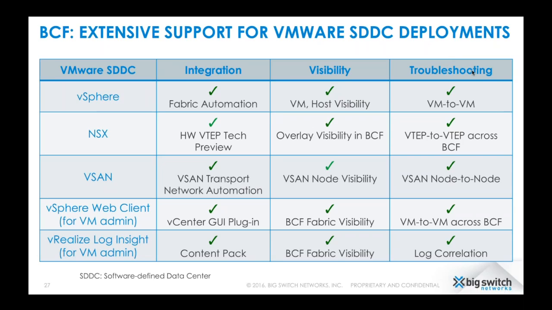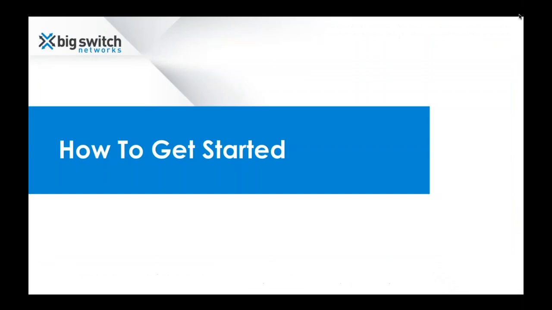We have visibility capabilities that we provide for these products, both for the VM admin and for the network admin. And finally, there are troubleshooting capabilities, really helping you to make troubleshooting faster, reducing it from days or hours to minutes. Right? Just like we reduce the deployment into minutes, we reduce troubleshooting into minutes as well.